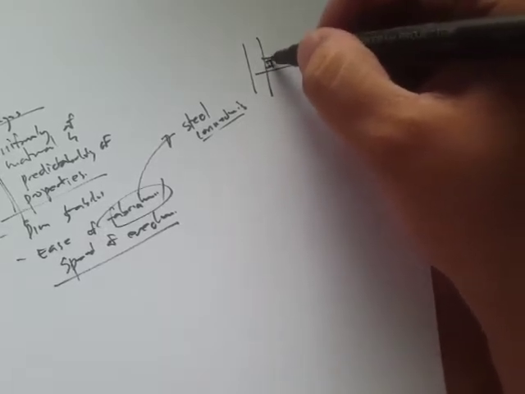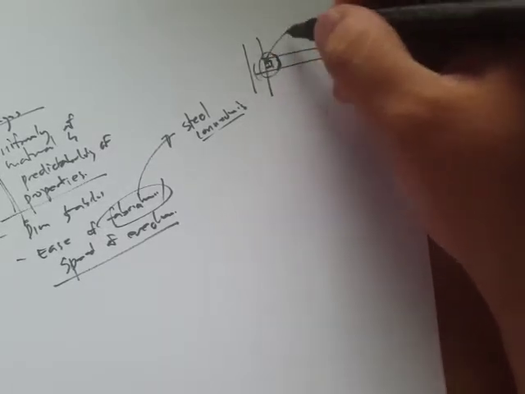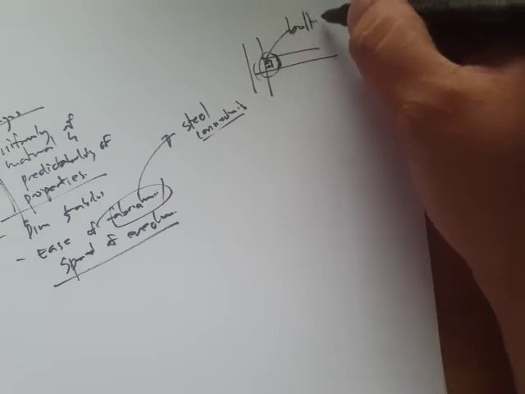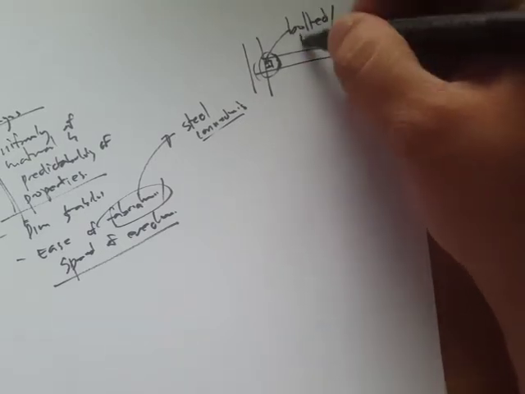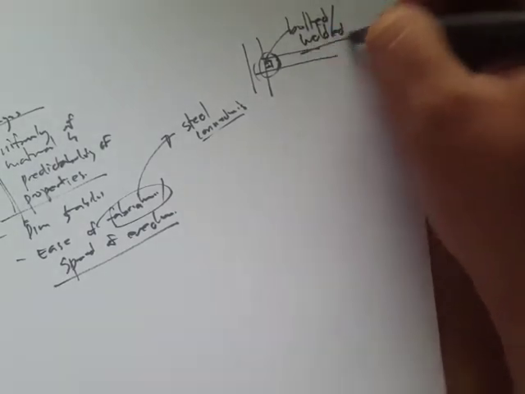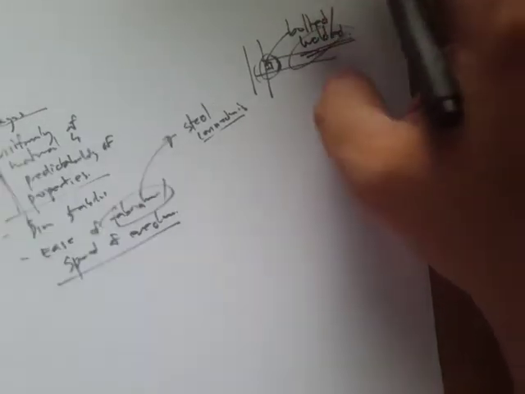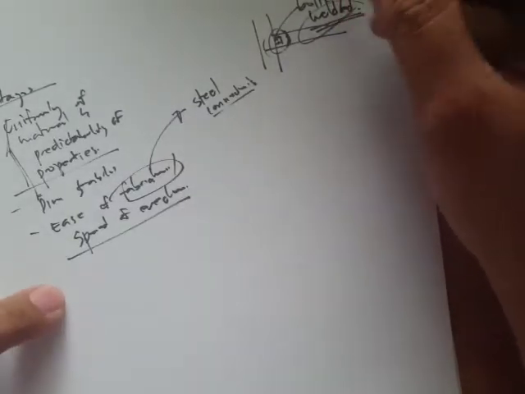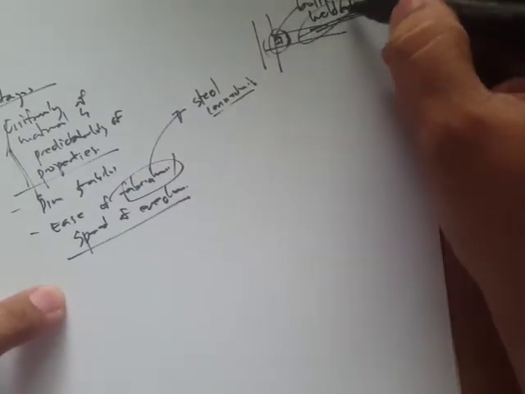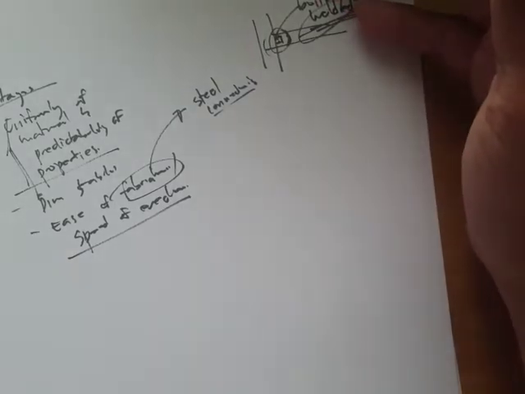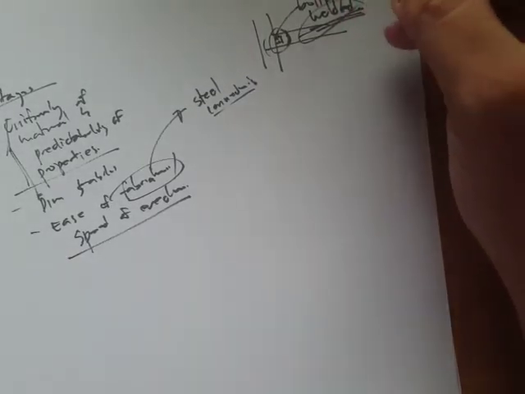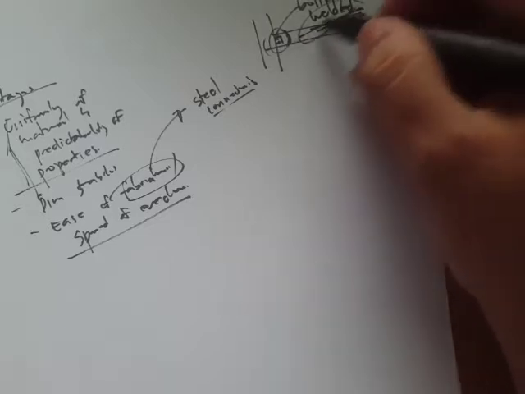Then how do you connect this beam to the column? That's going to be by either bolted connections or by welded connections. And of course, later on we'll discuss this in detail. I just brought this up because when you say welding, then of course you need skilled laborers to do the job.